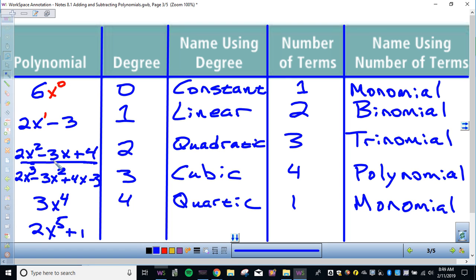Yes? So once you get past cubic, it just goes back to 1, right? Like the number of terms? I could have made this any number of terms I wanted. I just had already used all the different names, so I got lazy and just wrote monomial with 1 term. So this one, 5th degree, is called quintic.